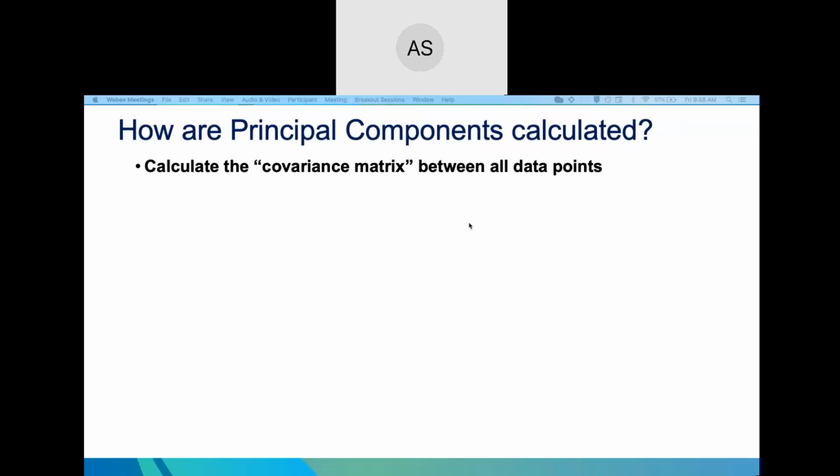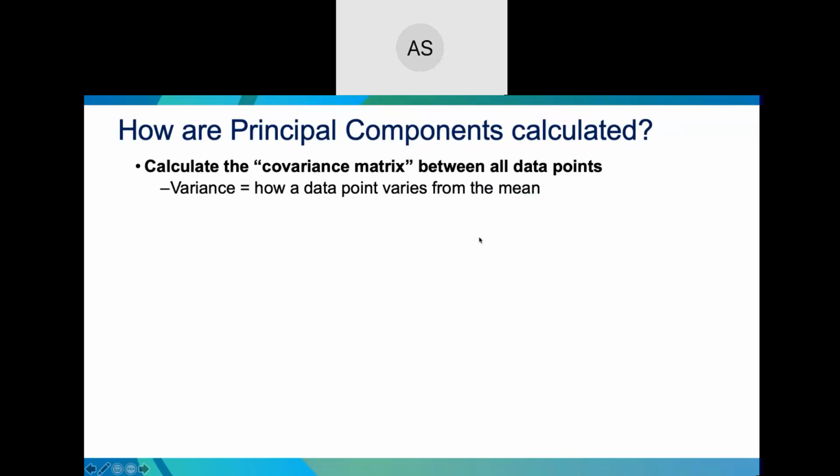The first step is to calculate what's called the covariance matrix between all the data points. We talked about earlier how variance refers to how far a data point is away from the mean, how a data point varies from the mean. Well, covariance means if you take two data points, how similarly do they vary from the mean? Are they varying in the same direction?